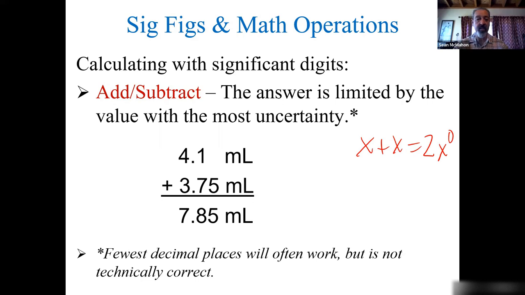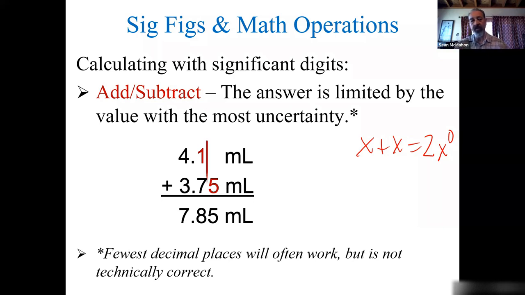It's additive. However, I want to go to the precision. So the 4.1, the last precision, as you see highlighted in red, is the tenths. And for the 3.75, it's the hundredths. So the least precise, the least placement value, tenths, is less than hundredths, right?